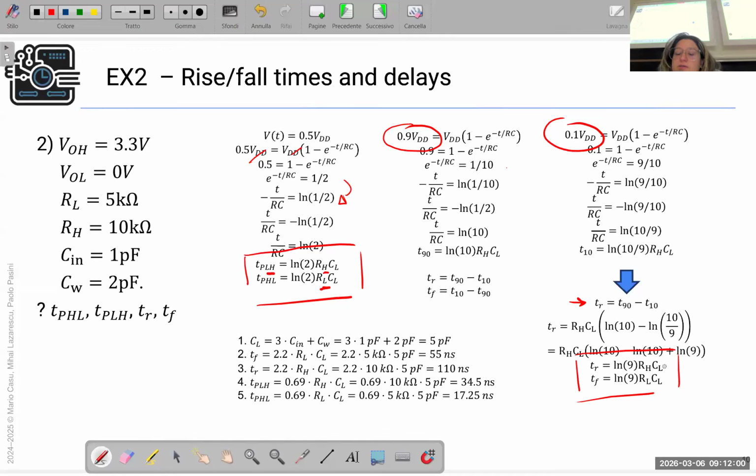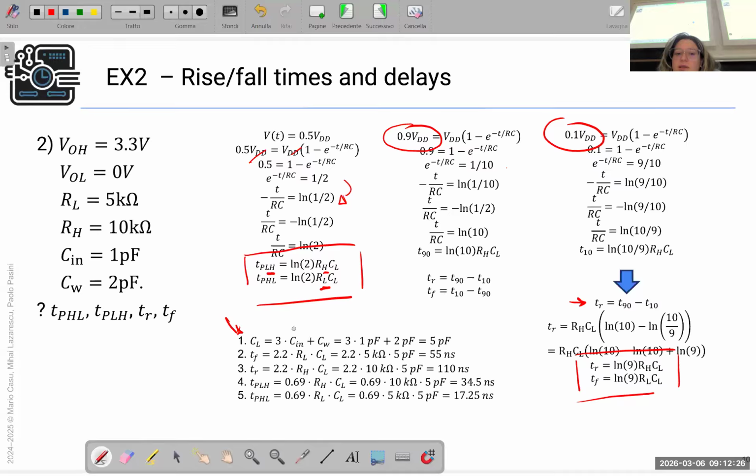C_L. We already have the resistance, but there is something that is missing, which is C_L. C_L is the total capacitance that the gate sees at the output, which is also called load capacitance, because it's just a load in this case.